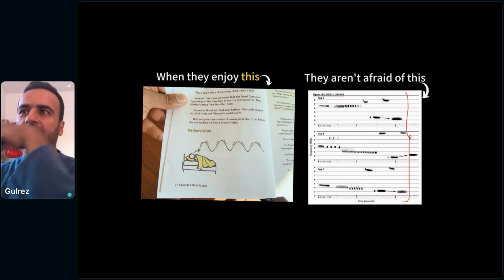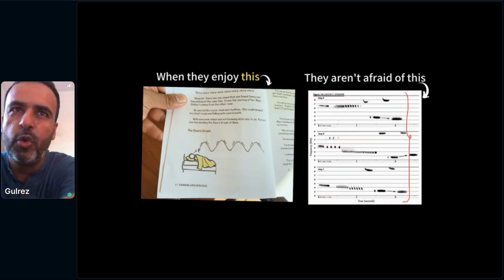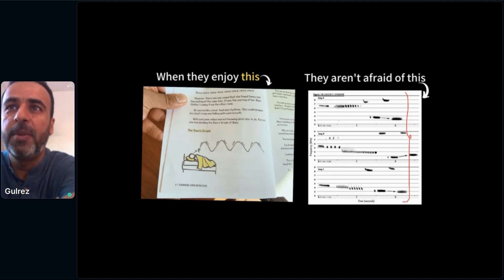And she called me and said, Abu, this looks like a graph from your book. That was like a pat on my back, that when my daughter encountered a graph, she was not afraid of it. She was able to associate the good memory we had working on this book.